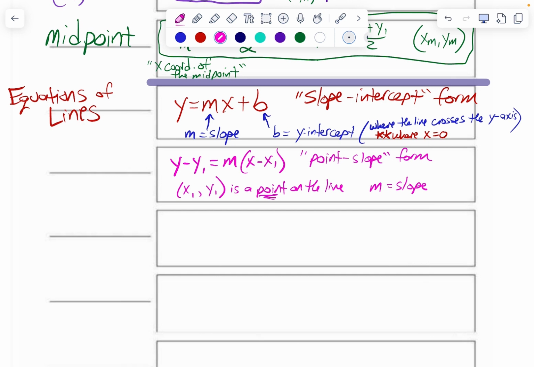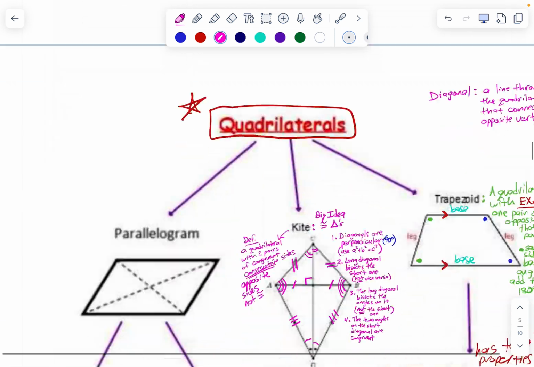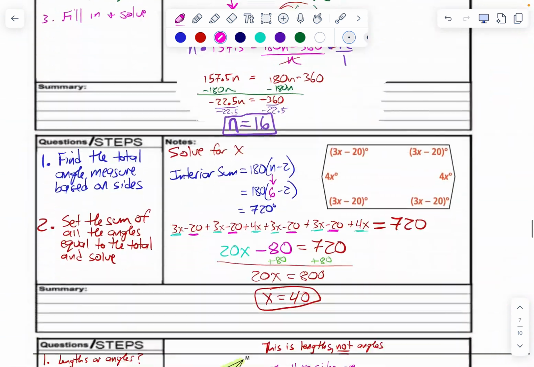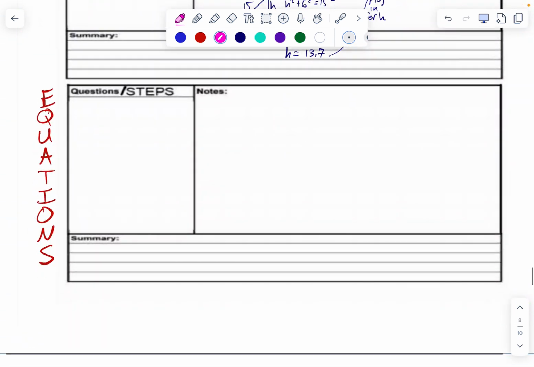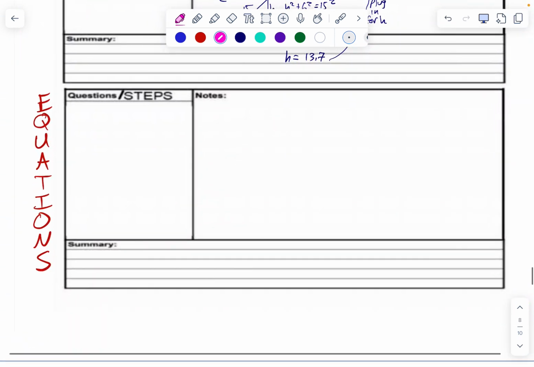So with that brief review, let's go back to the example. This is just going to be an example of writing an equation, and then we'll start talking about parallel and perpendicular equations. We haven't actually taken notes on the perpendicular yet, so we'll see if we get to that today. Okay. Here's your prompt.